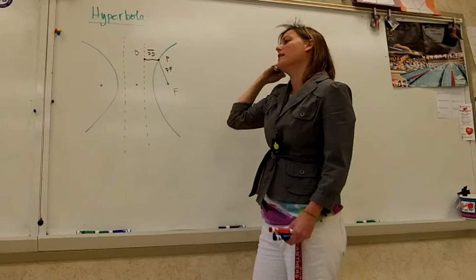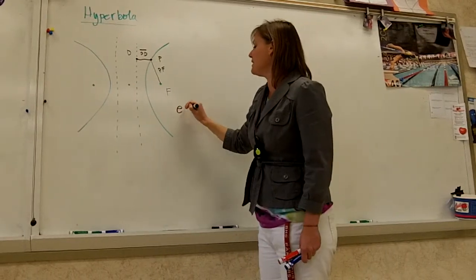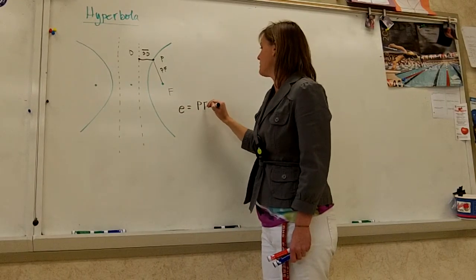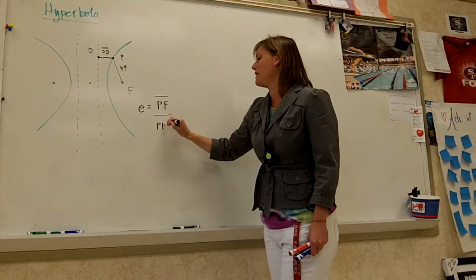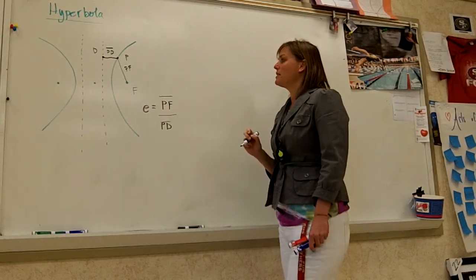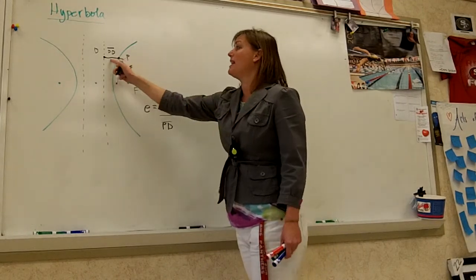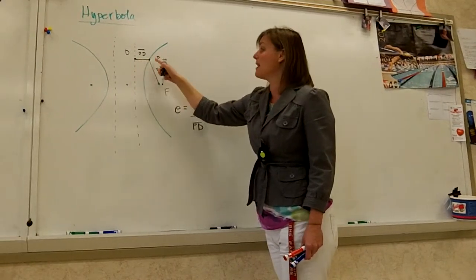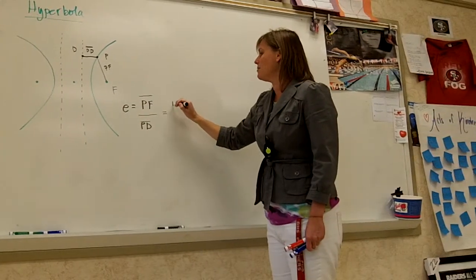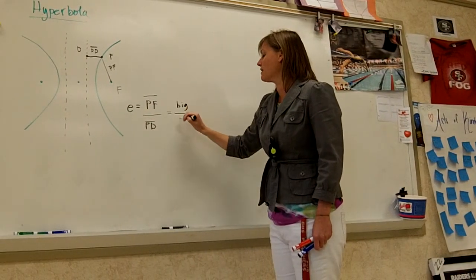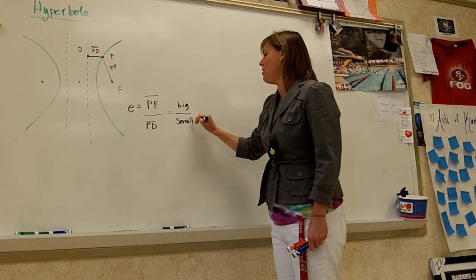So now remember, eccentricity is equal to the distance from the point to the focus divided by the distance from that same point to the directrix. So as I'm looking at this, now the PD looks really small compared to the PF. So this one is going to be the big one, and you're going to be dividing it by something that's smaller.